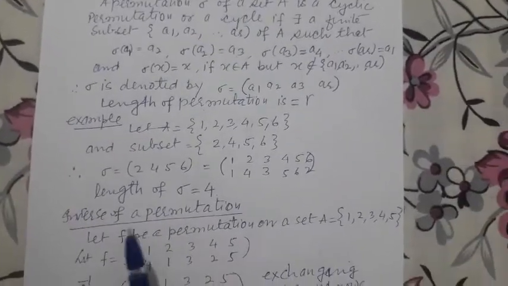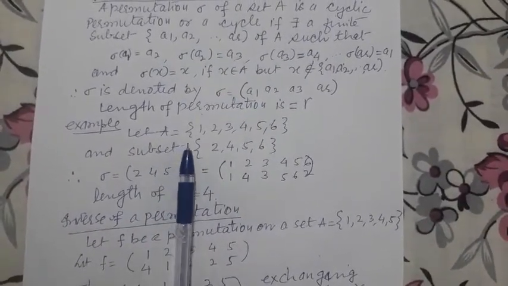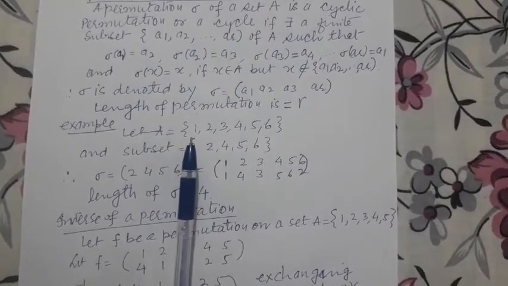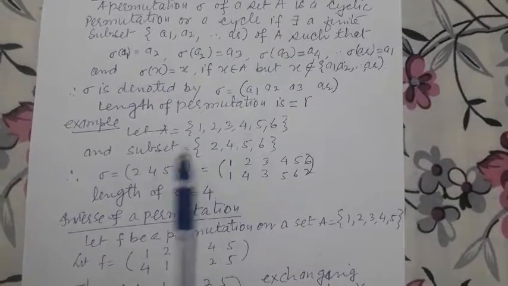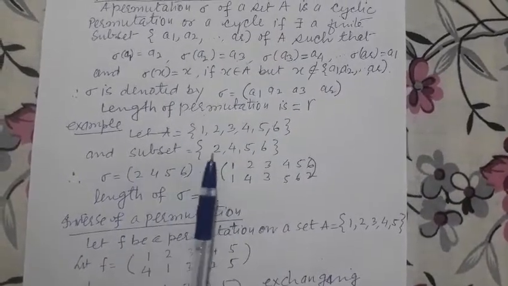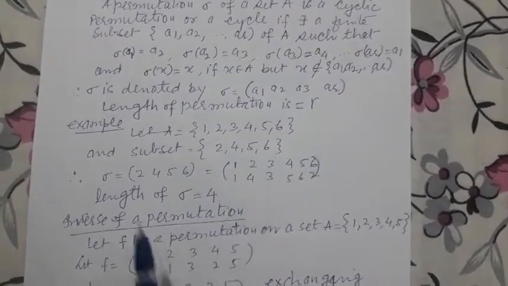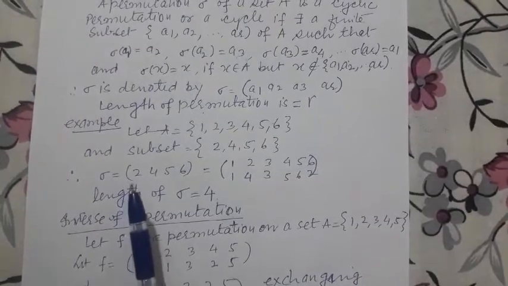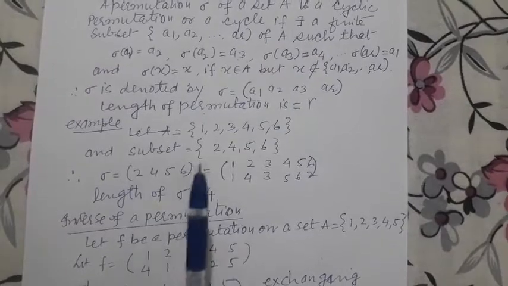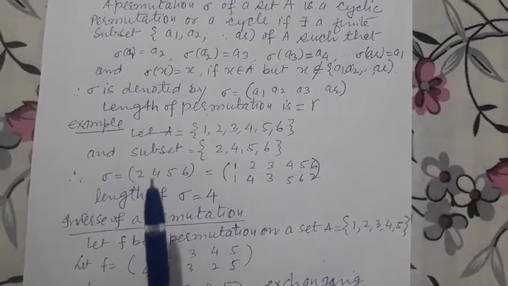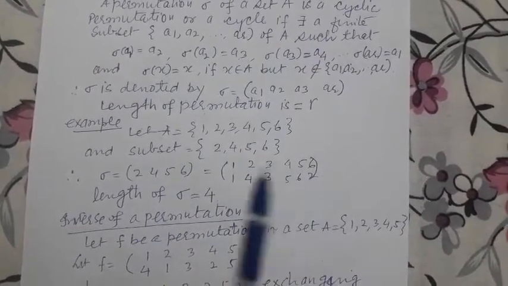Now we can solve some examples. Let A be the set of first six natural numbers and its subset be 2, 4, 5, 6. Then sigma can be defined on 2, 4, 5, 6. First of all we write all six elements.